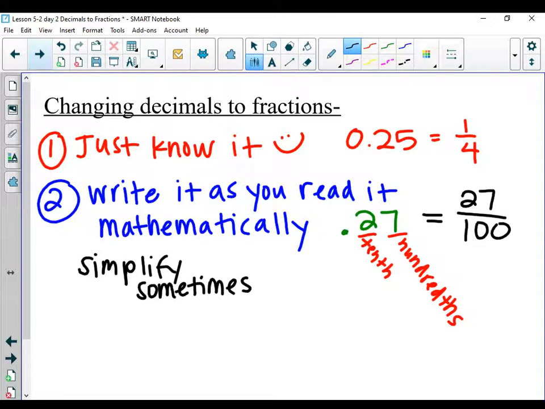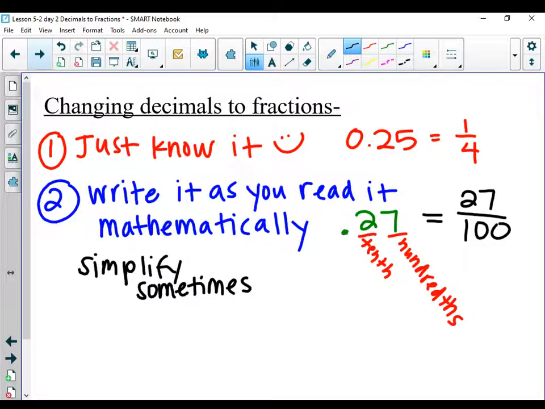At the end, always go back to that chapter 4 strategy of what do they have in common, and sometimes you might have to simplify that. So those are the 2 main strategies. There's going to be a third one in a couple minutes here that we're going to talk about next.